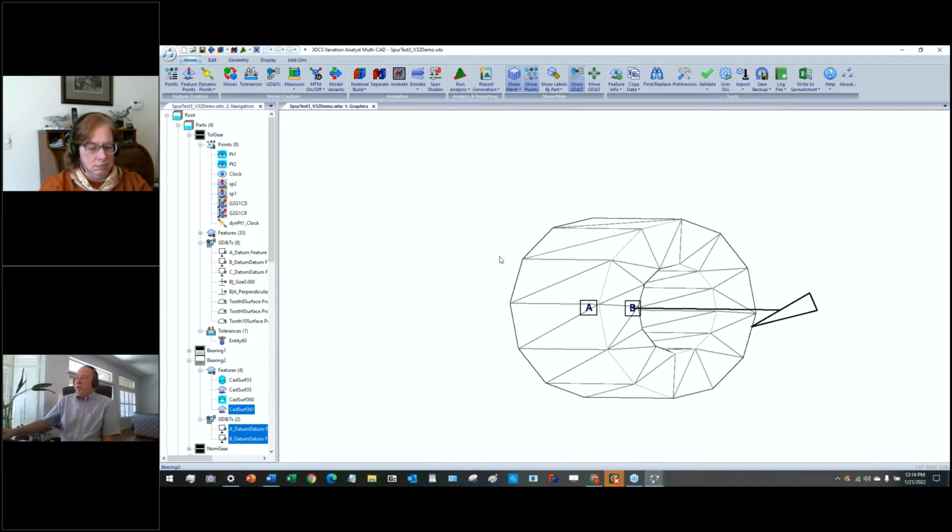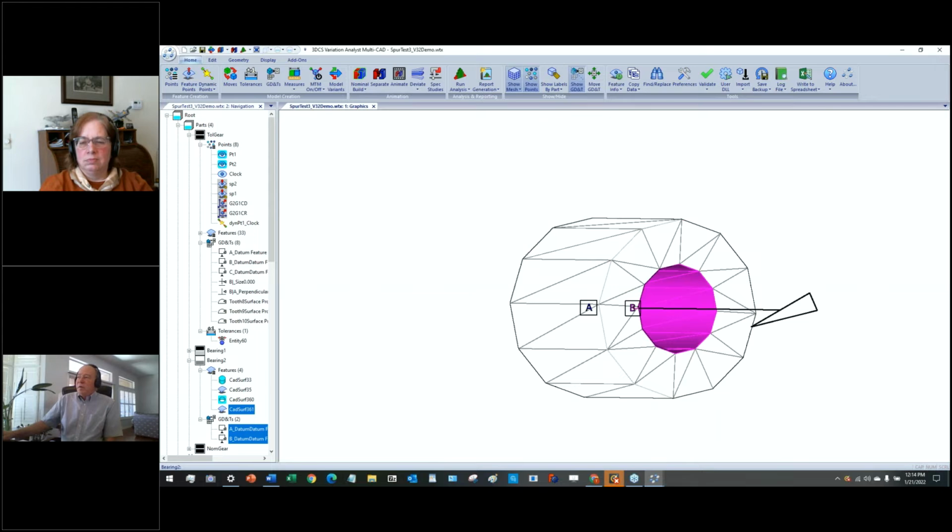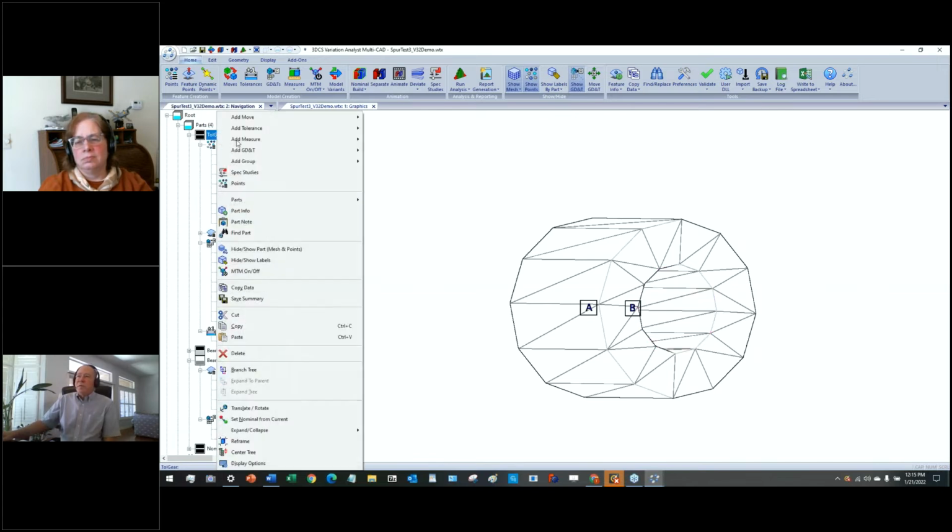You can also make the outer race positional to the B datum, and that'll make it act like a real bearing. So that's very important to set up A and B as the gear and bearing properly. Now let me go through and turn on the tolerance gear again.